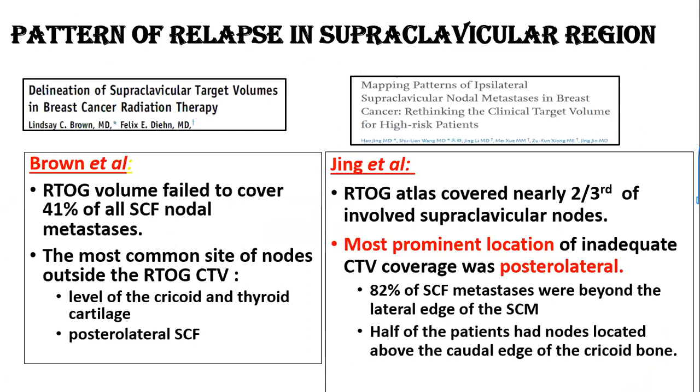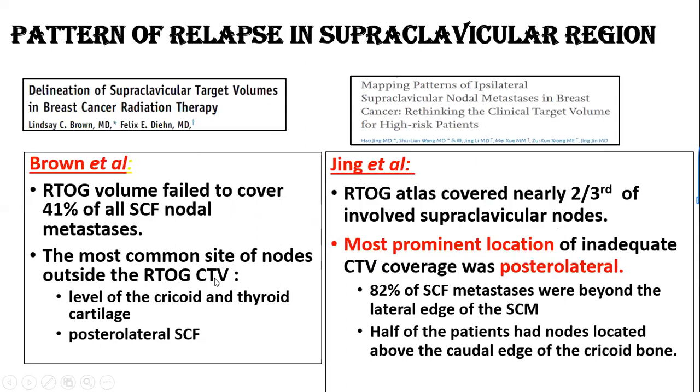These are two studies by Brown et al. and Jing et al. Both tried to observe the nodal relapse patterns in the supraclavicular region, and they wanted to justify whether the RTOG volume has included these relapse patterns. In both Brown et al. and Jeng et al., RTOG is able to include at least 60% in both of these regions.